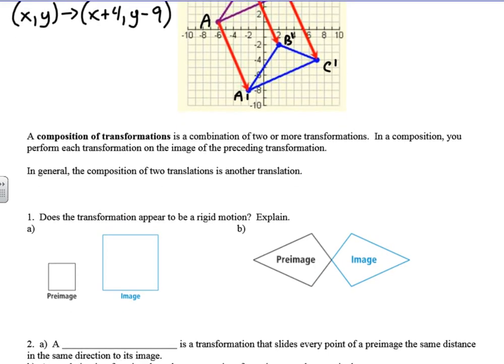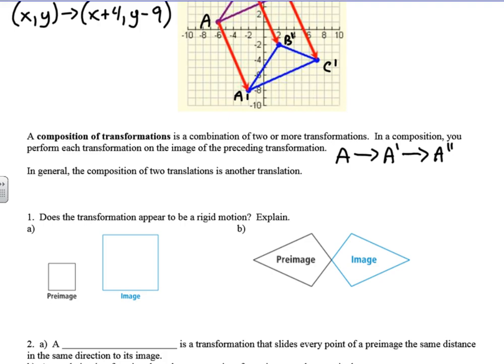When we want to put one more together, we have a composition of transformations, which is a combination of 2 or more transformations. In a composition, you perform each transformation on the image of the preceding transformation. If we took point A and did one transformation, we would call that A prime, and if we did a second transformation, we would call that A double prime.